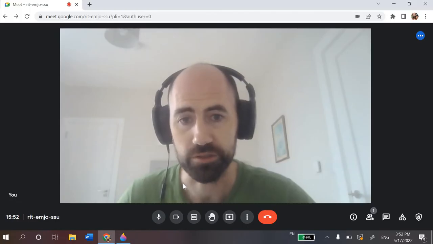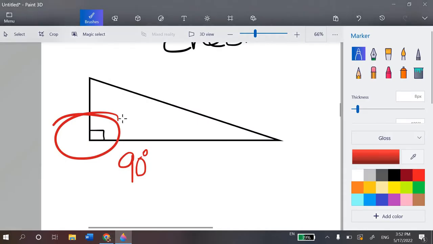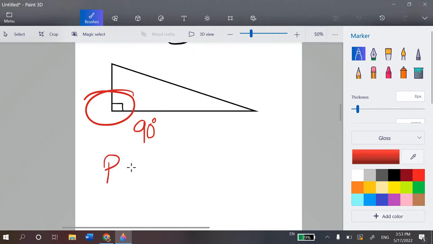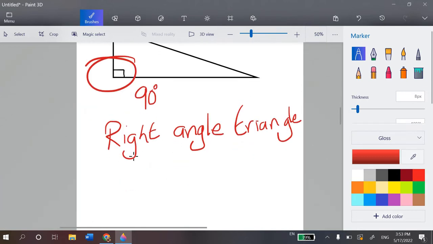This is very important because what we are learning can only be done with a right angle triangle, only with a triangle with 90 degrees. Okay, so what we call it is a right angle triangle, or we can call it a right angle. What a right angle is 90 degrees, as I just said.